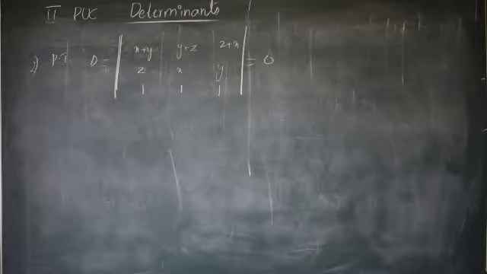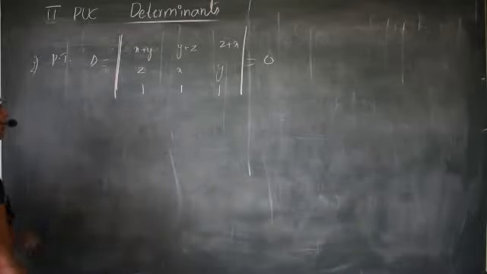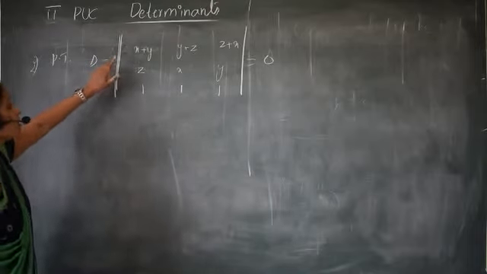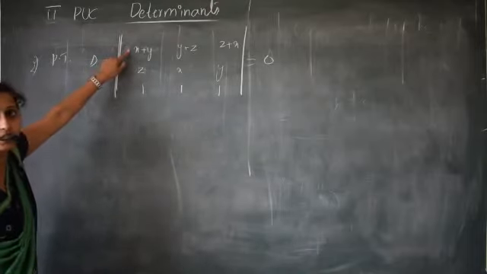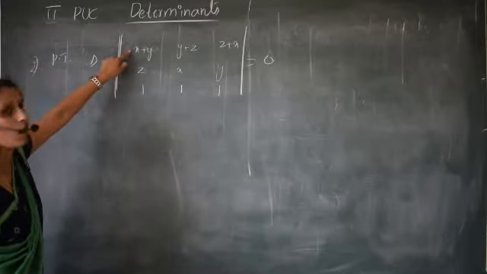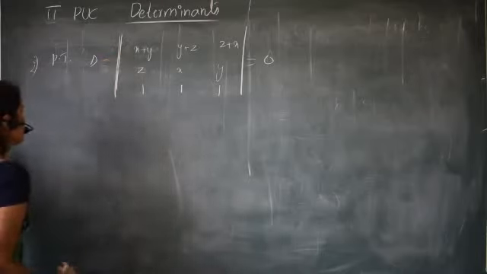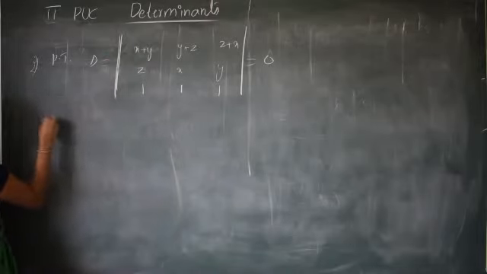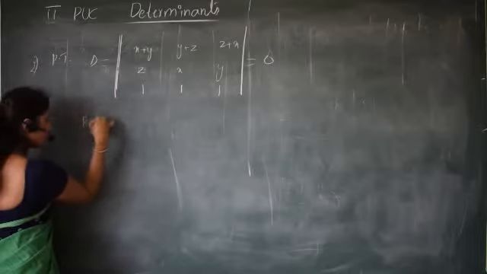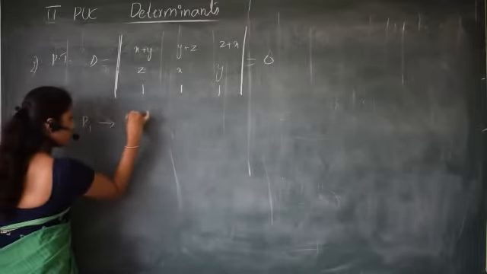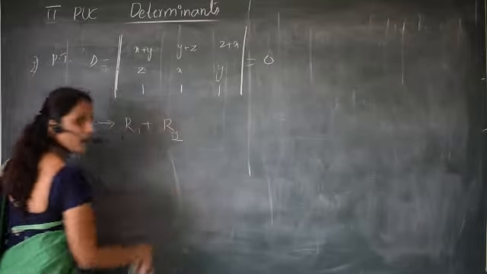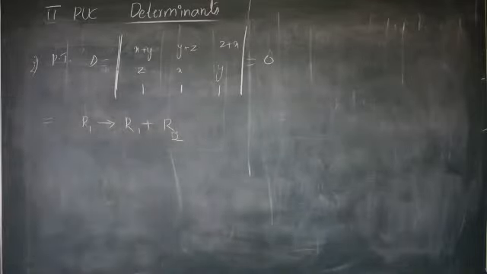We have to show this determinant is equal to 0 without expansion. So what I'll do is, I'll change R1. How? I will add R1 and R2. R1 changes to R1 plus R2.